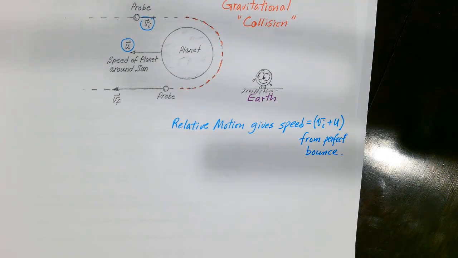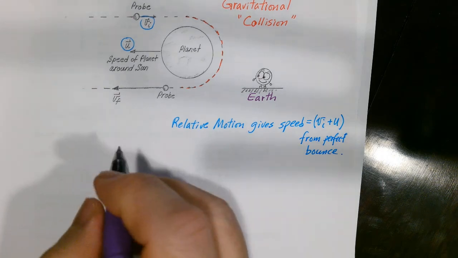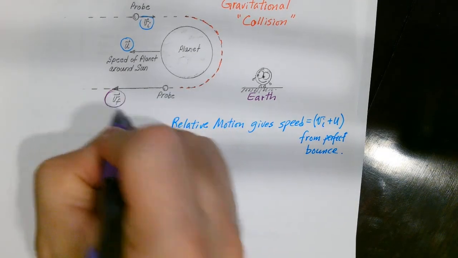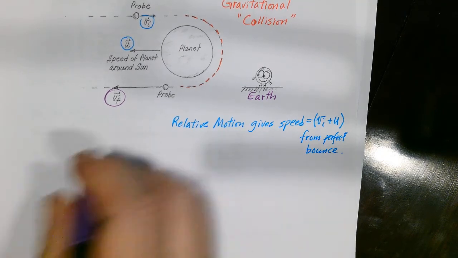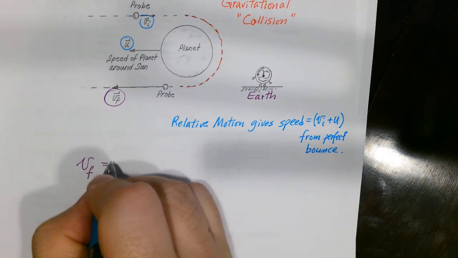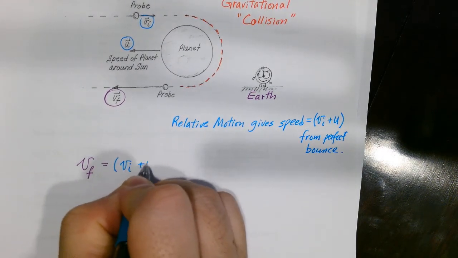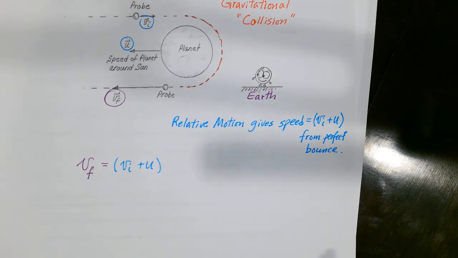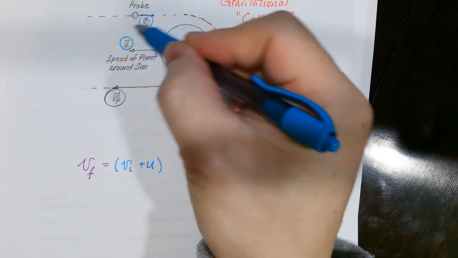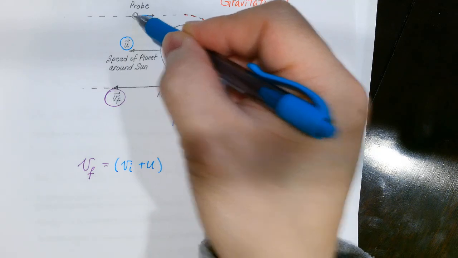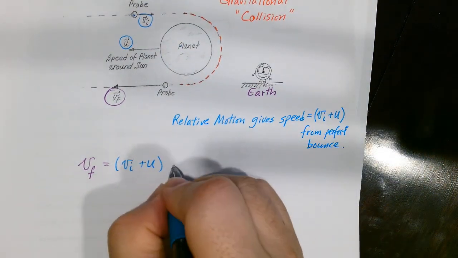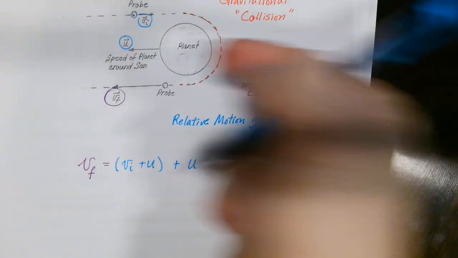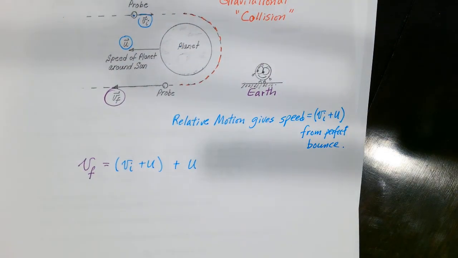Relative speed. So VF is equal to VI plus U, which is the relative velocity of this relative to the planet, plus U, which is the platform.